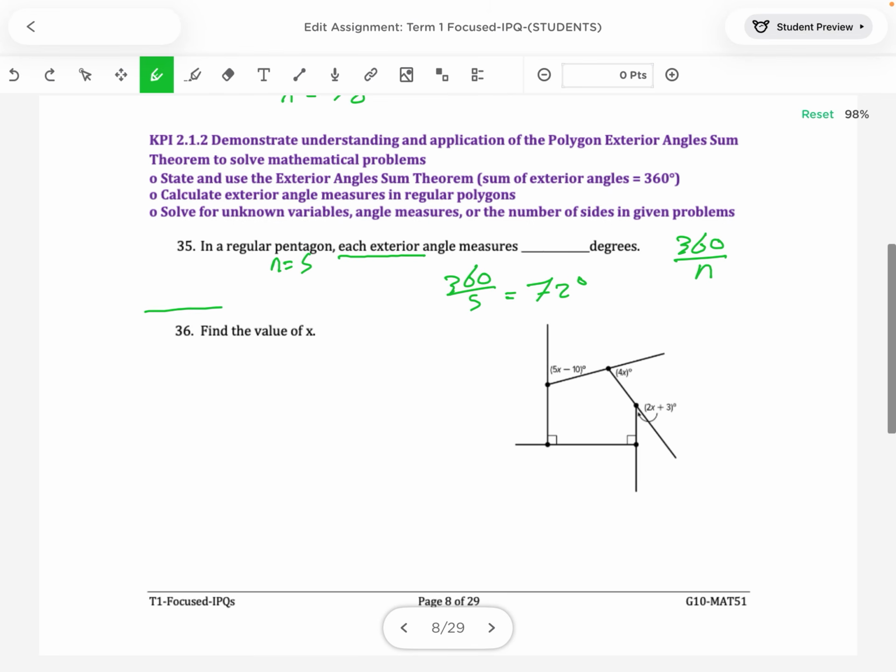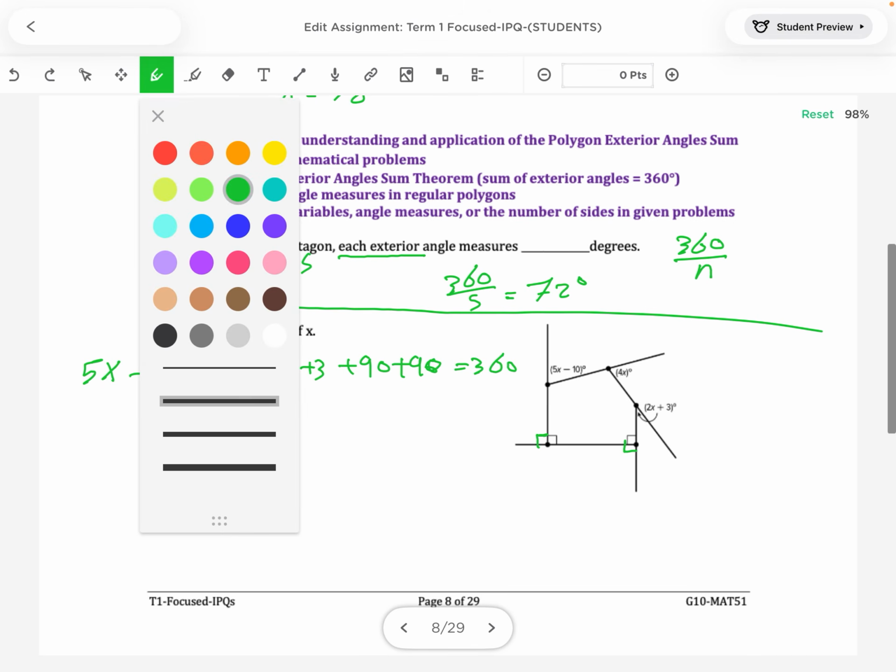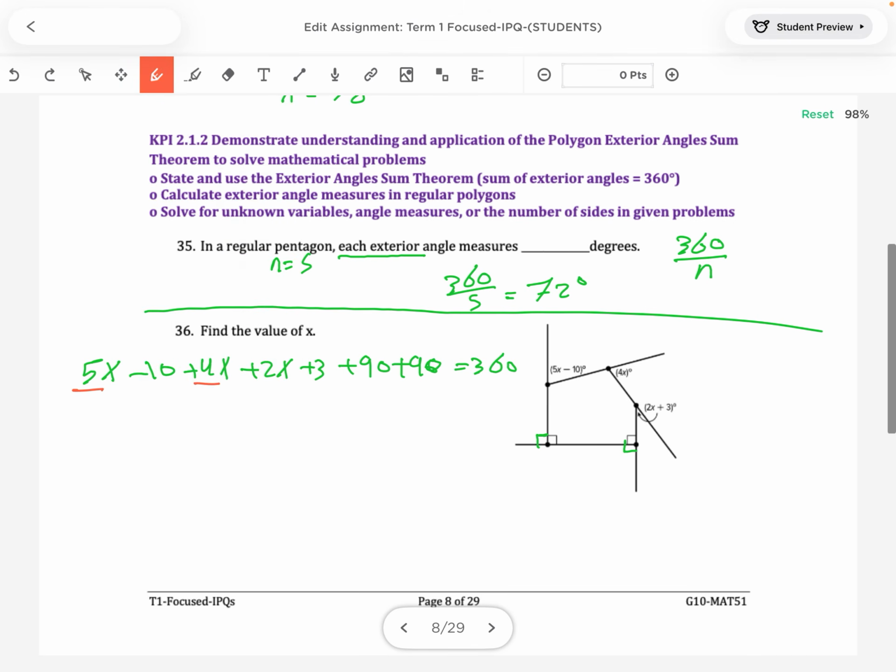Now the next question, they ask us to find the value of x. All these angles are exterior angles again, so the sum of all these is 360. So 5x minus 10 plus 4x plus 2x plus 3 plus 90 plus 90 equal to 360. We combine the like terms. 5x plus 4x plus 2x is 11x.